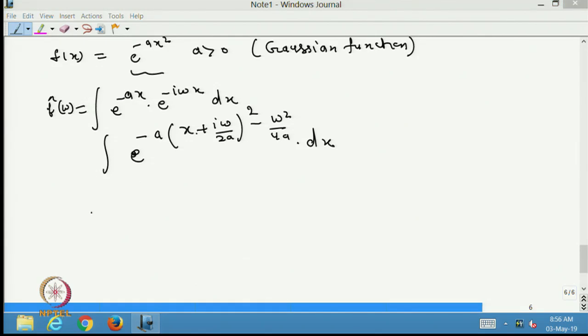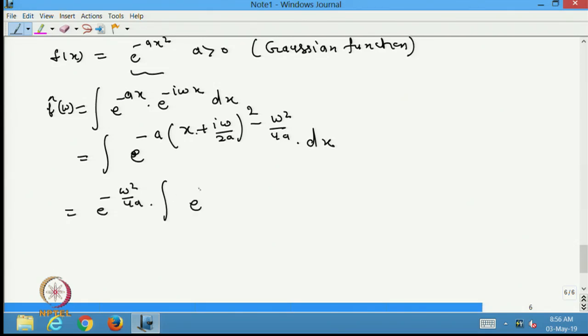So, now I can take this term common, okay. So, now we have to simplify this integral as well.